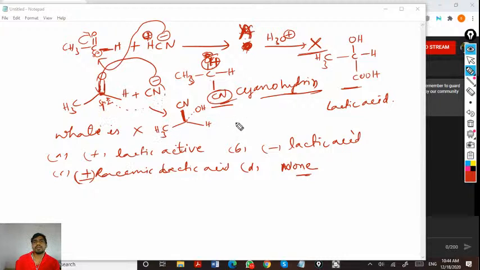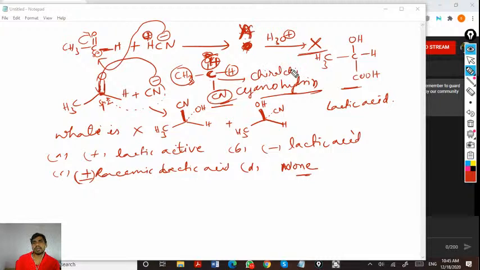If it is attacked from below, hydrogen and CH3, cyanide will be below the plane and OH will be above the plane. So this is a carbon center having four different groups. If this is the case, it is said to be a chiral carbon.